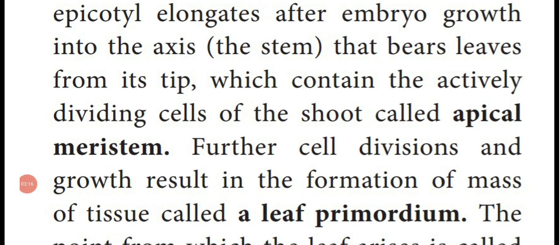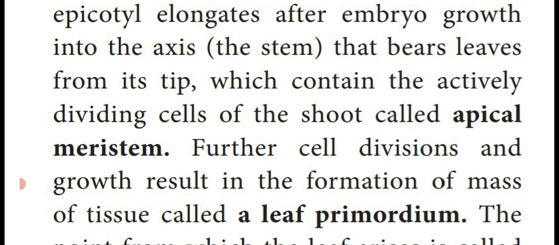Dear students, at the tip of the shoot it contains apical meristem. The apical meristem undergoes repeated division to form a mass of cells, called tissue, known as leaf primordium. So some scientists said that leaves arise from the shoot, that means the stem portion. How are they produced?